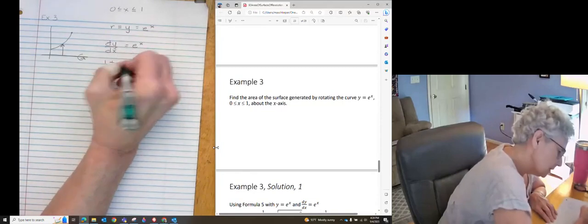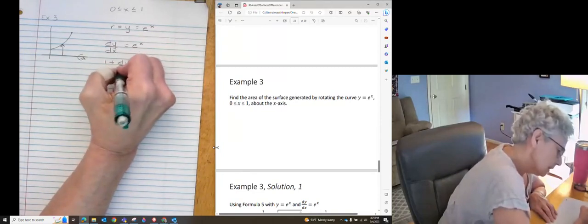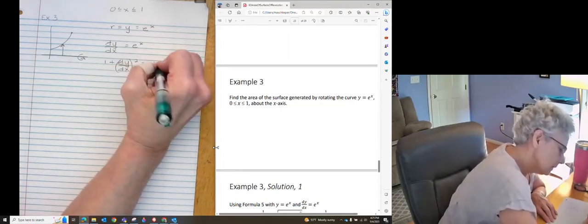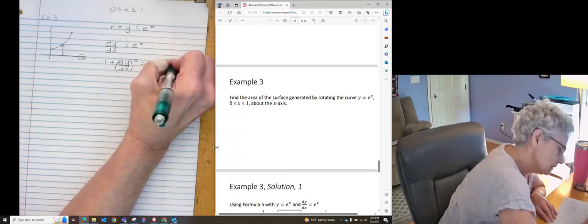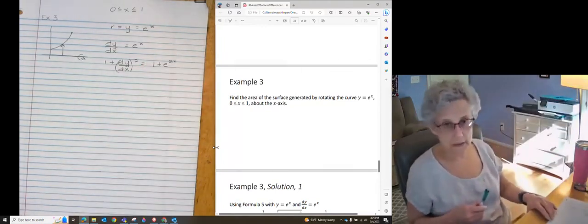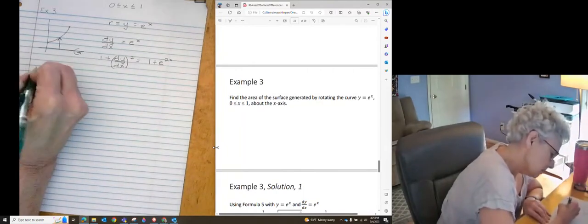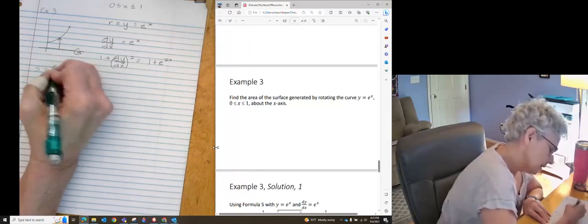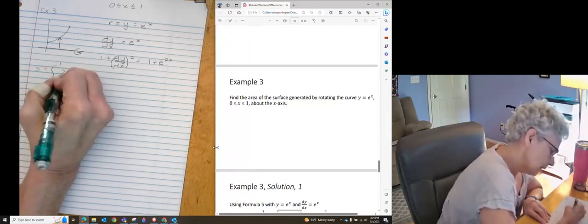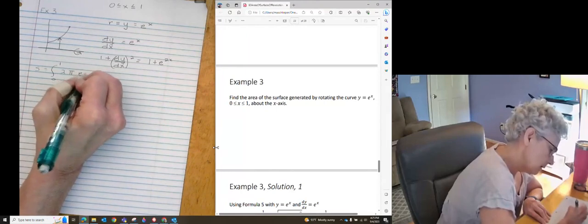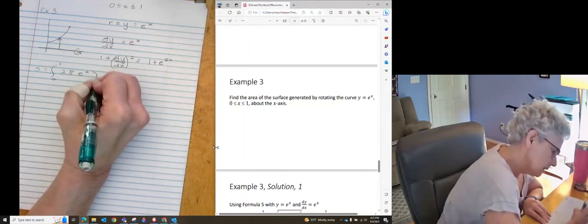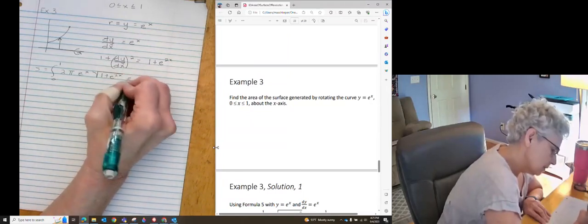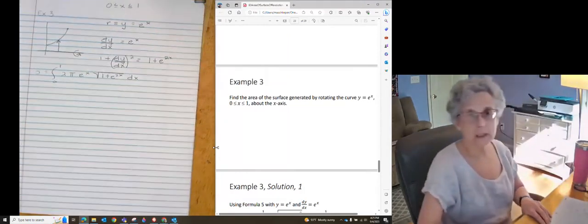So 1 plus (dy/dx) squared is 1 plus e to the 2x. So my surface area is the integral from 0 to 1 of 2 pi e to the x times the square root of 1 plus e to the 2x dx.